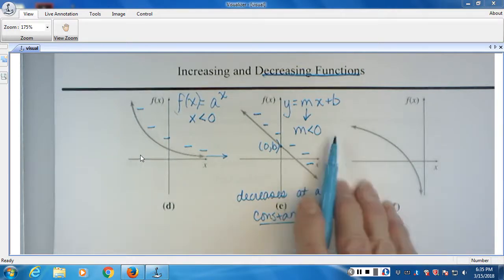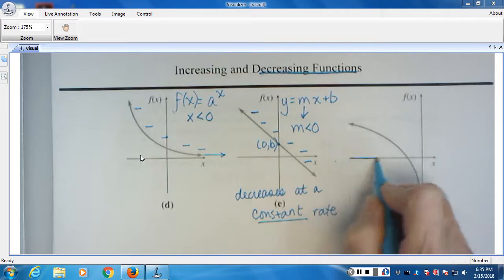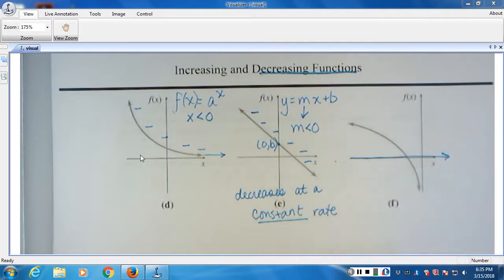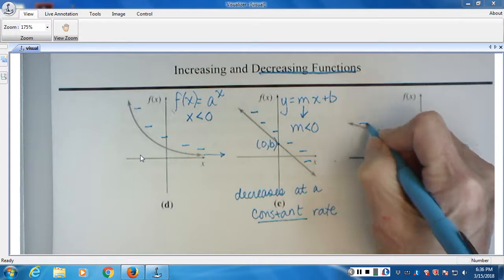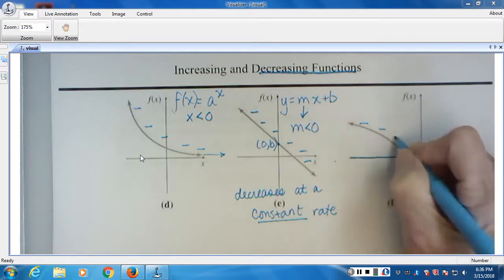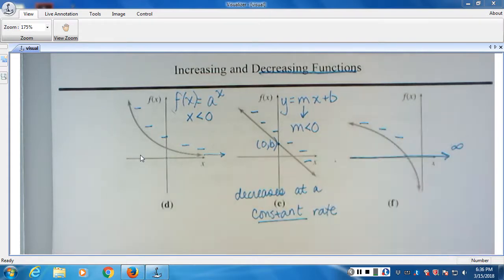So if we're reading, once again, from left to right, and we're letting x approach infinity, because that's what we're always doing here when we're looking at a graph and looking at the x values. We're looking at what happens as x gets bigger and bigger. Well, what happens as x gets bigger and bigger is this is going downhill, downhill, downhill, and here it's not going downhill all that fast.